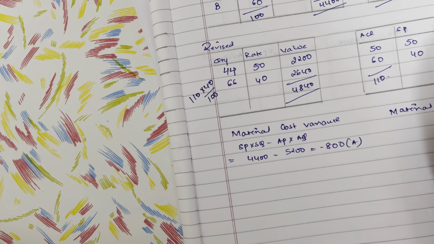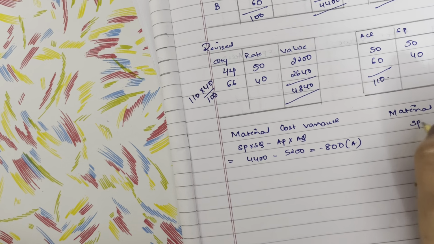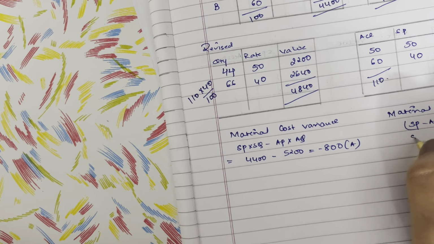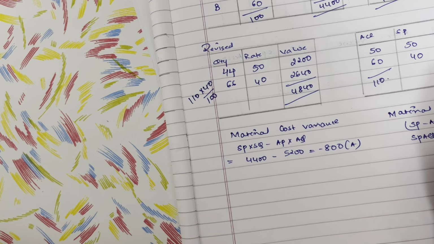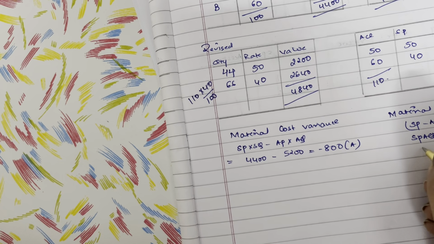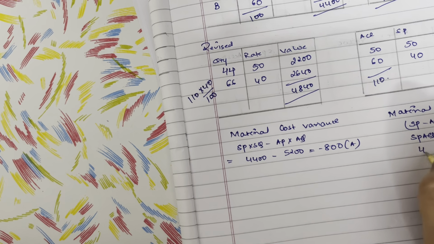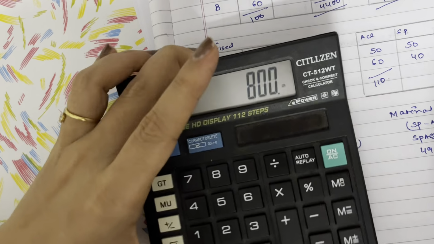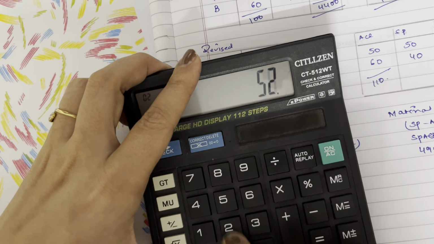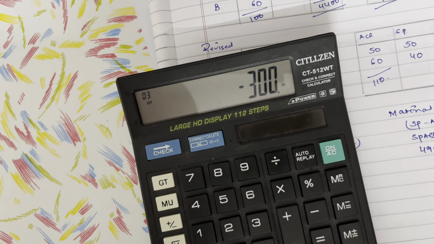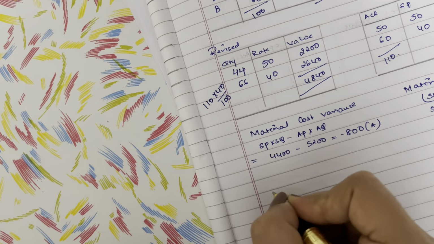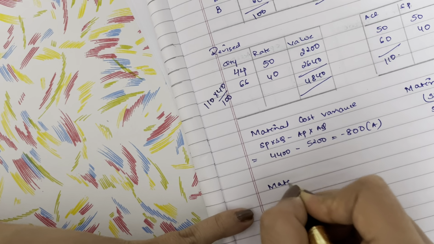Then comes material price variance first and then mix. Price variance is standard price actual quantity minus actual price actual quantity. Standard price actual quantity is 4900, actual price actual quantity is 5200, which will give me 300 as adverse. Material usage variance.